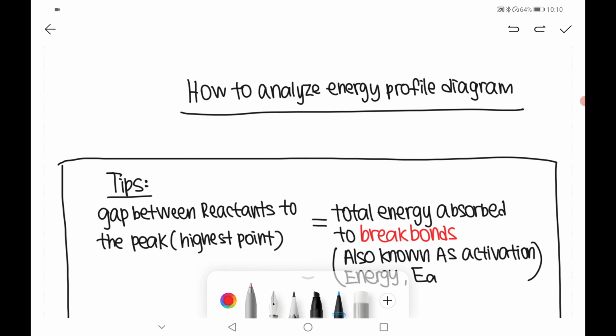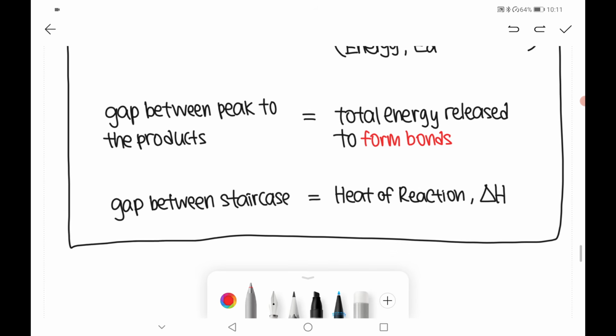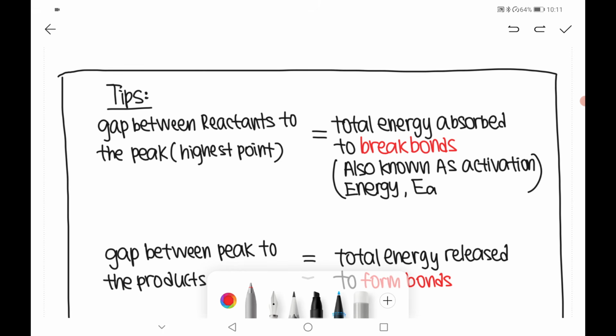If you are given the energy profile diagram, there are three important things you must know. The gap between the reactant and the peak, the highest point, is the total energy absorbed to break the bond.